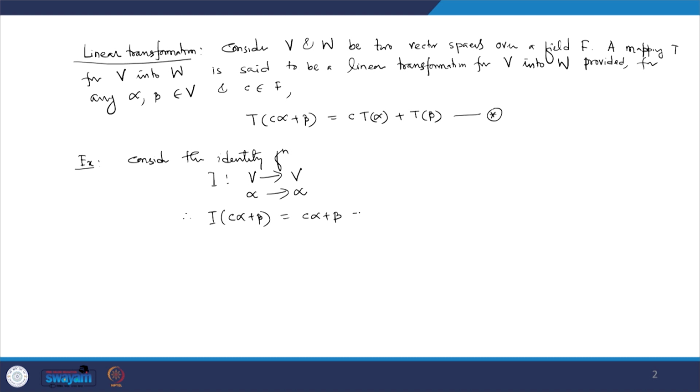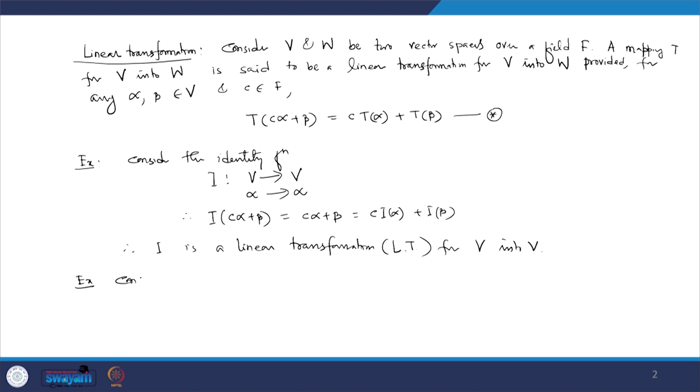So this is equal to c times I of alpha plus I of beta. So I is a linear transformation. Now onwards I will write LT from V into V.